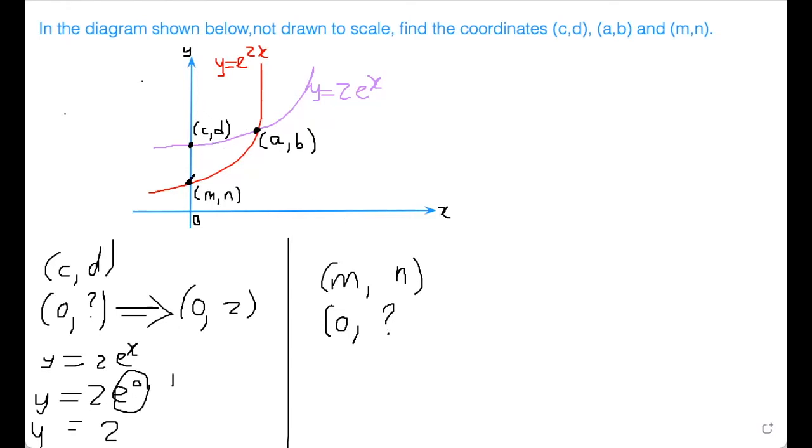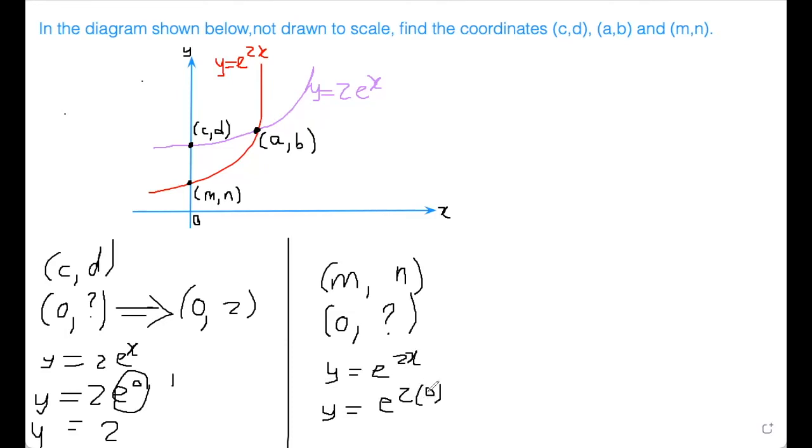Since it's the red curve, I'm going to use y equals e to the 2x. So replace x with 0, so I have y equals e to the 2 times 0.